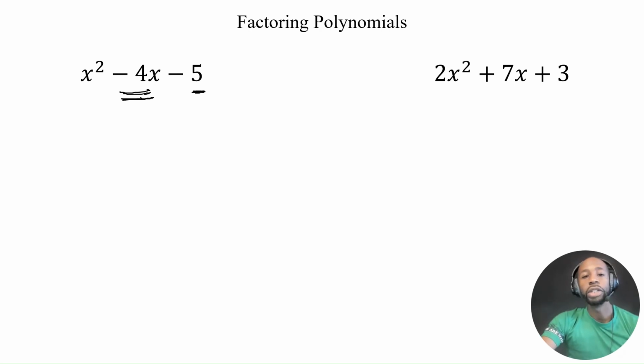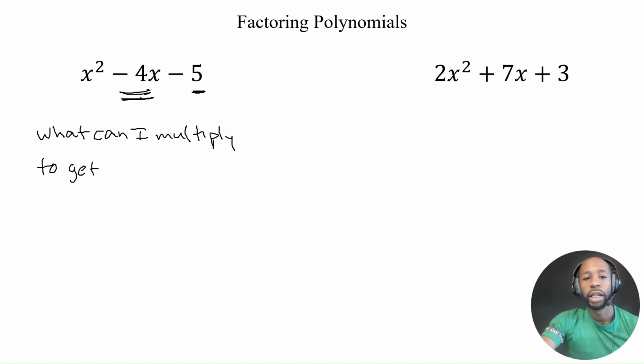So this is what you ask yourself: what can I multiply to get -5?